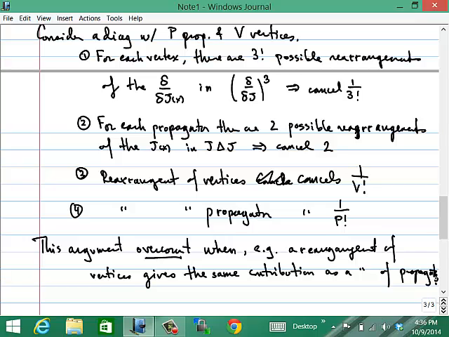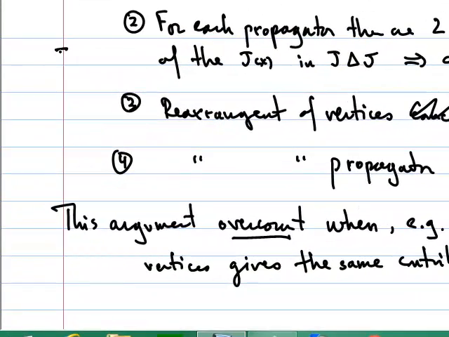Okay. So for certain diagrams, you will actually be overcounting, because the rearrangements of the vertices, say, that cancel this 1 over 3 factorial, may not be independent of the rearrangements of the propagators, for example.